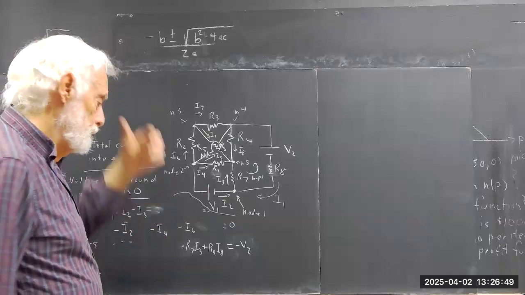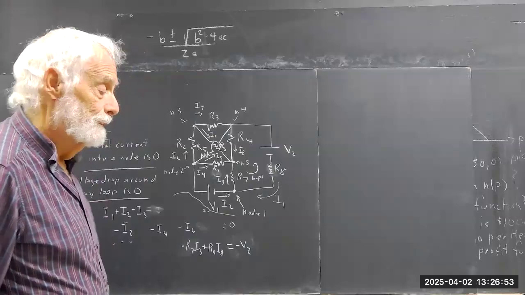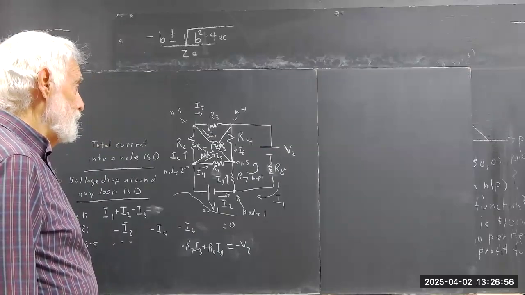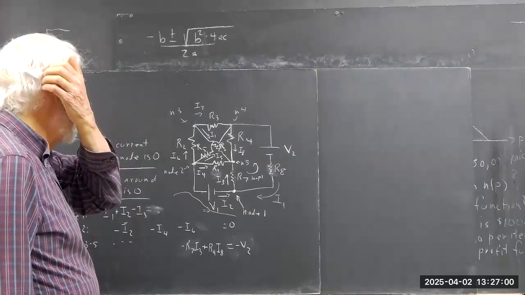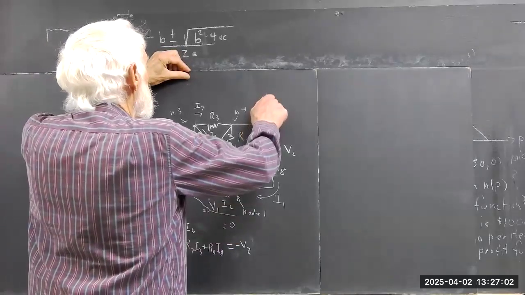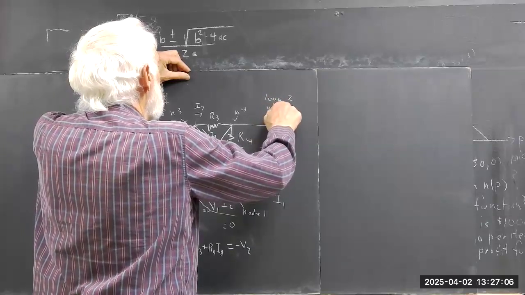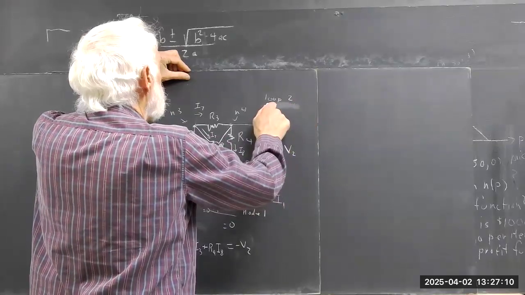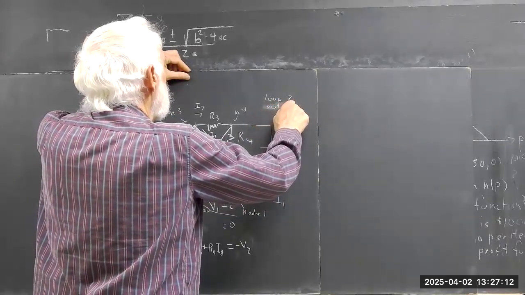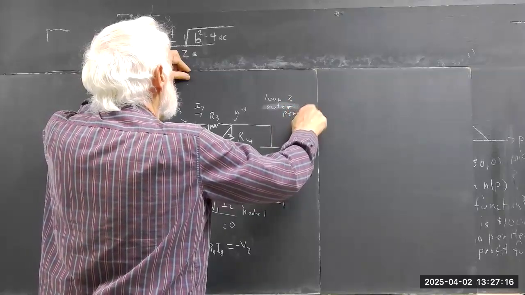Okay. Or I can do a loop around the whole thing. I'm going to say loop 2. It's the outer perimeter, the way I drew this.